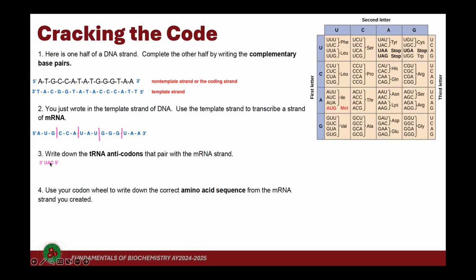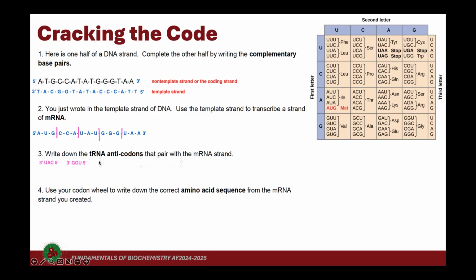This is the anticodon for AUG. For the second codon, from 3 prime, that's GGU.